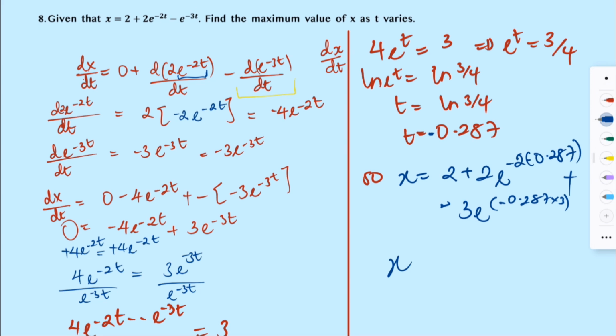Okay, so you can actually work that out with the calculator. So x would be equal to 3.185, and therefore the maximum occurs at the point negative 0.287, 3.185. There we go. Let's move on.